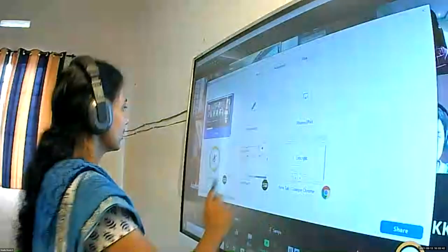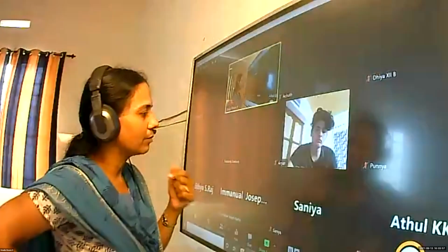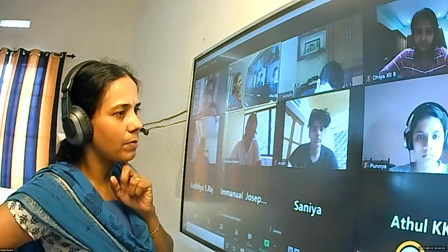For example, suppose the question is of the form 1 by (x minus a) into (x minus b). Look at the degree of the numerator. 1 means constant, so the degree of the numerator is 0. Look at the denominator: x minus a into x minus b.